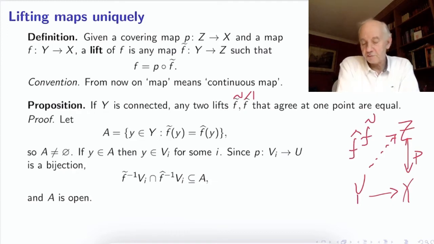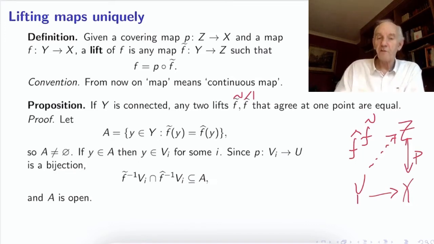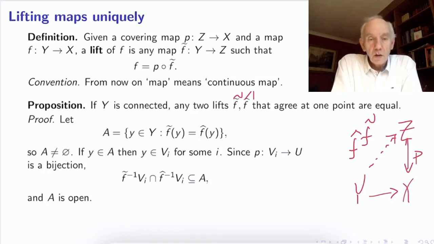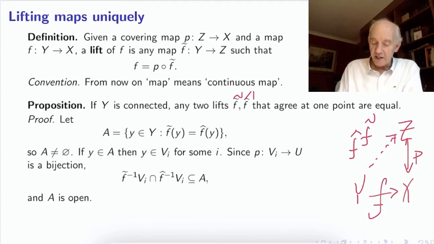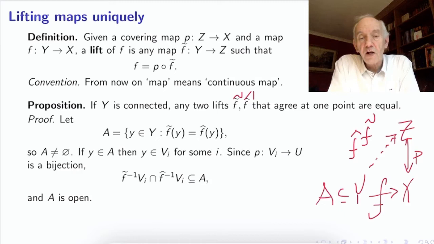So when you compose P with either of them, you get the same map, which is the original map F. So what we do is we look at the set in Y where these two maps, F tilde and F hat, agree. And we know that's non-empty because we're assuming that they agree at at least one point.